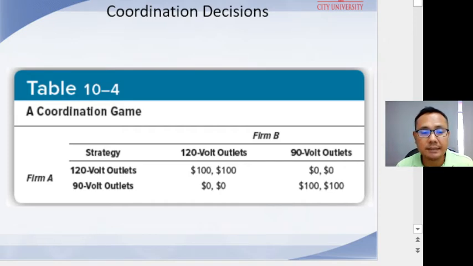Alternatively, the government could set a standard that electrical outlets be required to operate on 120 volts, two-prong outlets. In effect, this would allow the firms to coordinate their decisions. Notice that once they agree to produce 120 volt appliances, there is no incentive to cheat on this agreement, so the game is stable. Table 10.4 is not analogous to the pricing or advertising games analyzed earlier. It is a game of coordination rather than a game of conflicting interests.